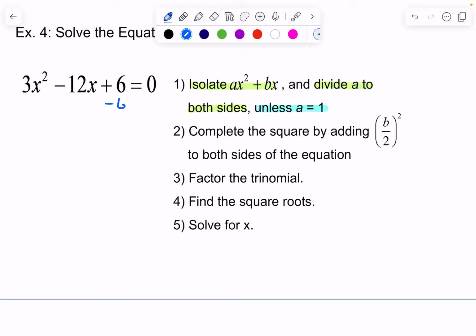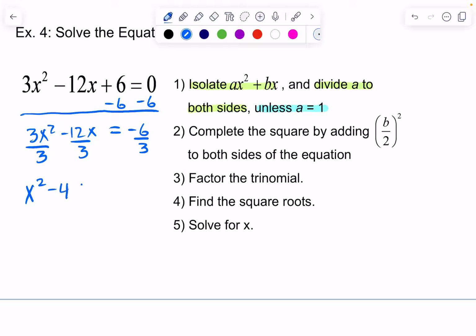So I'm first going to subtract 6 from both sides to isolate my 3x² - 12x, which equals negative 6. Now I divide by a, which in this example is 3, leaving me with x² - 4x = -2.